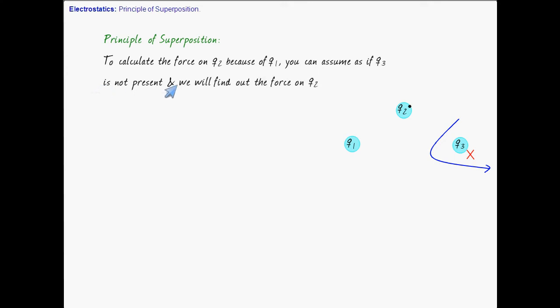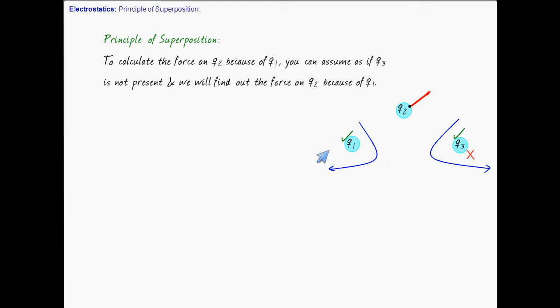Let's say all 3 charges are positive. Then the force on Q2 because of Q1 will be in this direction. Agree? Now, once we found the force on Q2 due to Q1, assuming Q3 is absent, we will calculate the force on Q2 due to Q3, but now we will assume as if Q1 is absent.